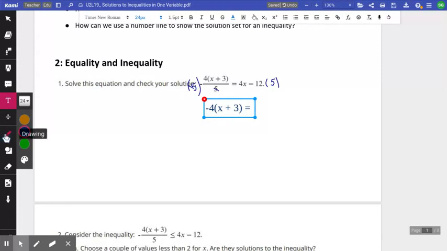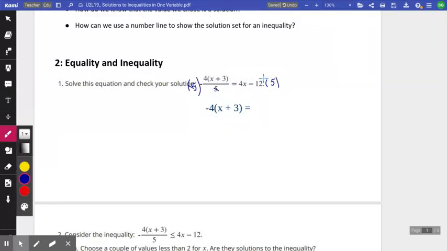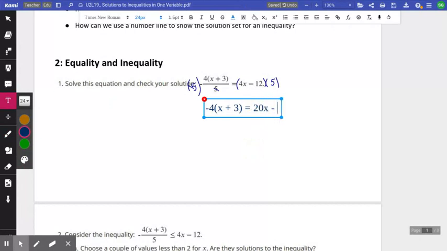On my right side, I said I was going to multiply both sides by 5, so I want to make sure I'm multiplying everything by 5. When I do that, 4x times 5 gives me 20x, and 12 times 5 gives me 60. So I'm left with this equation here, which is nice because now there are no more fractions.